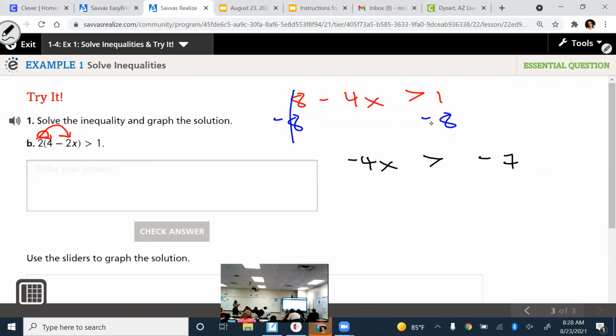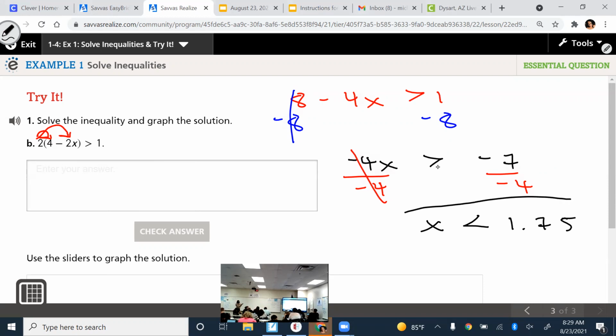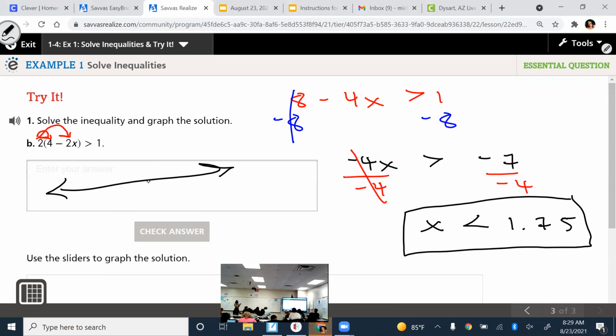One more thing I have to do, which is divide by negative 4 on each side. Do I need to flip the sign? Yes. So this side now becomes less than, and I don't have a calculator on me, but what's 7 divided by 4? 1.75. All right, if I was making a number line, and we're going to do this real quick so that you can pack up, I would probably do it around 1, 2, 3, and then to the left would be 0, negative 1.